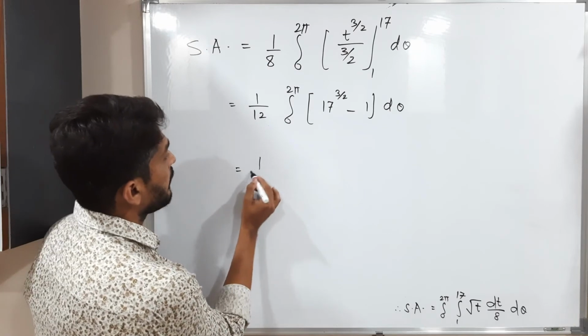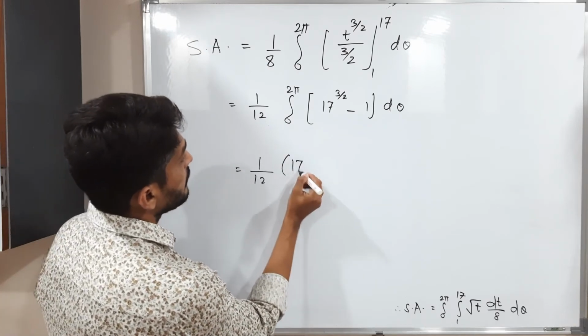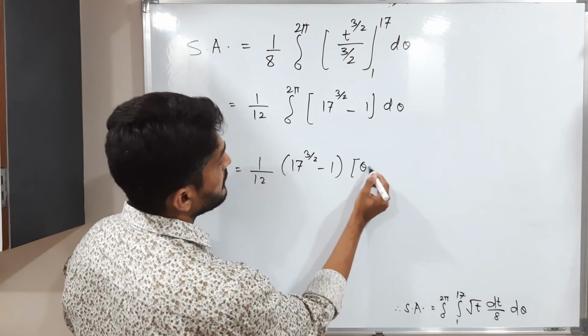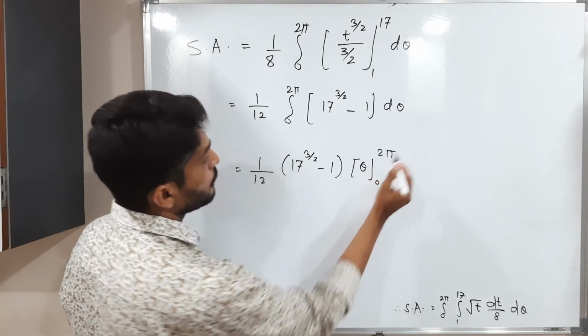So this is 1/12 times (17^(3/2) − 1). The integration of dθ is θ from 0 to 2π.